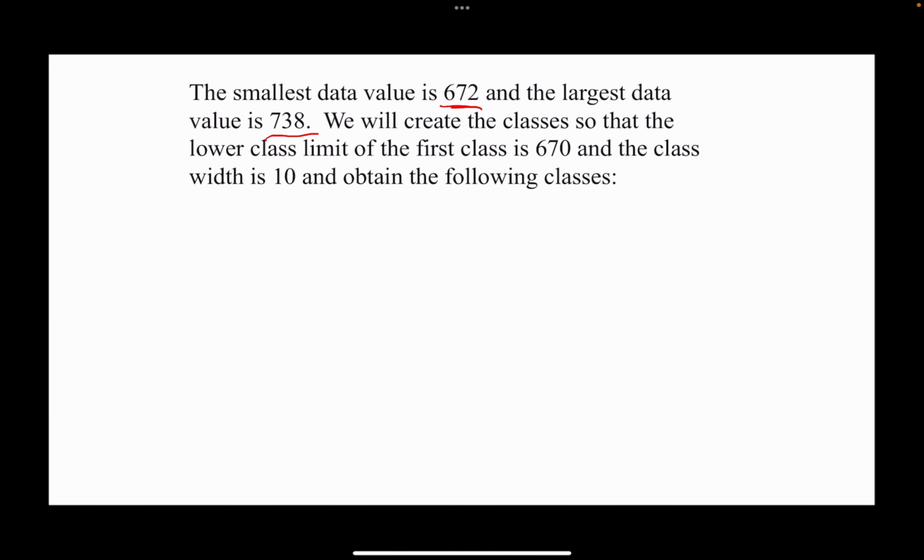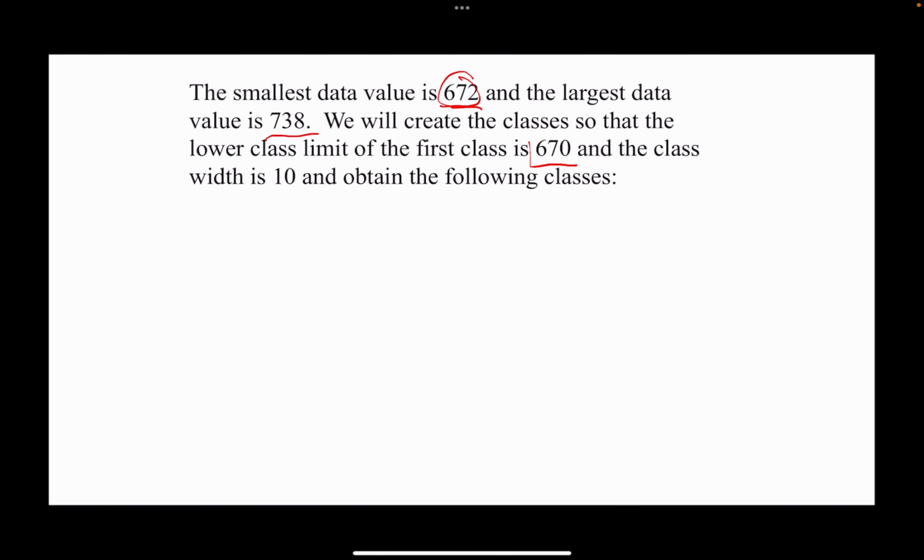When creating a histogram, we usually choose convenient numbers. I usually say pretty numbers. I pick a nice pretty number lower than our lowest value. Our lowest value is 672.